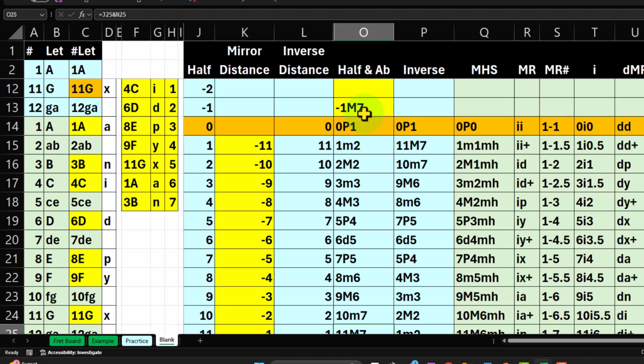So I can say it's a -1 major 7. Or I'm going to say it's an 11-note major 7 going forward, or a -1 major 7 going backwards. If someone just says major 7, you assume they're going forward 11 steps, but you could, in theory, go backwards 1 step, right? That's the idea I'd want in my mind.